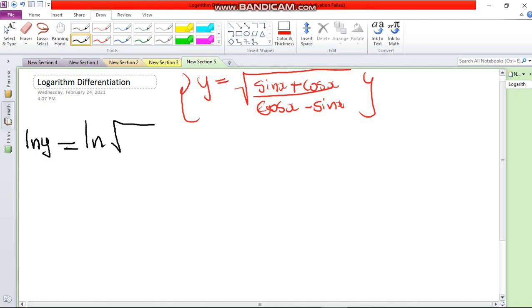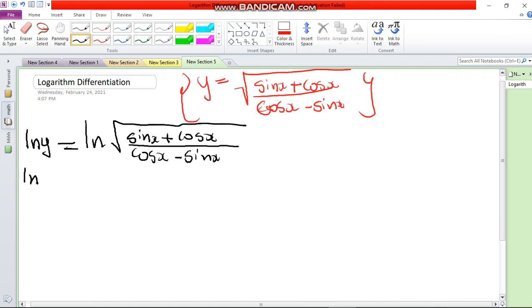which is equals to ln the square root of sine x plus cos x divided by cos x minus sine x. So let's simplify.